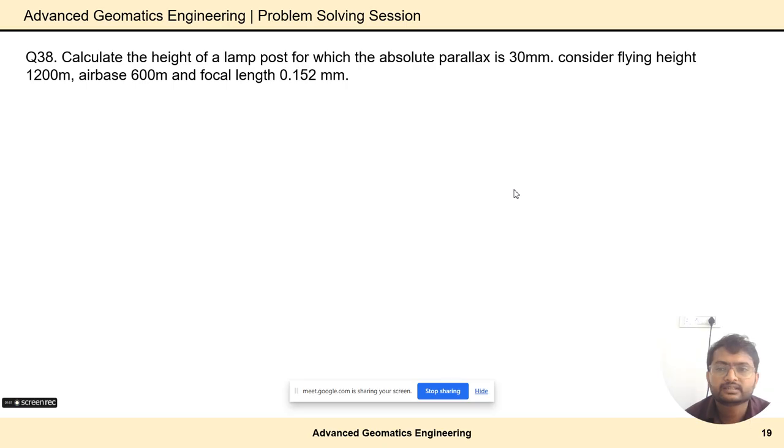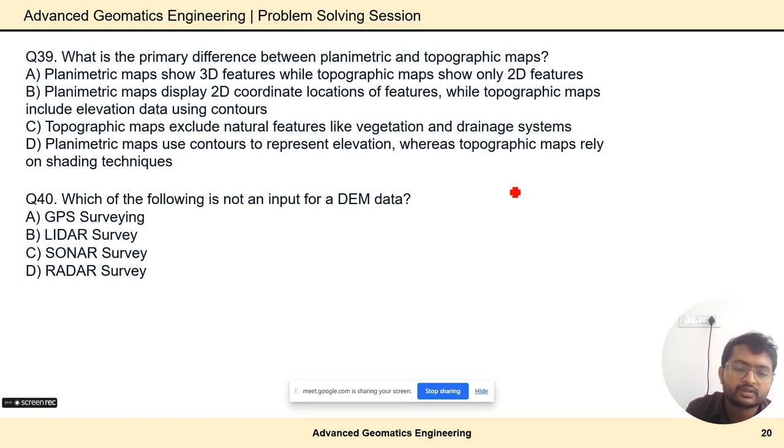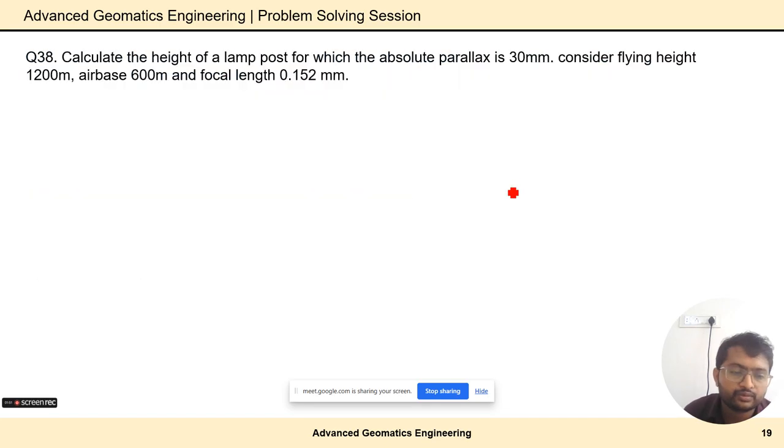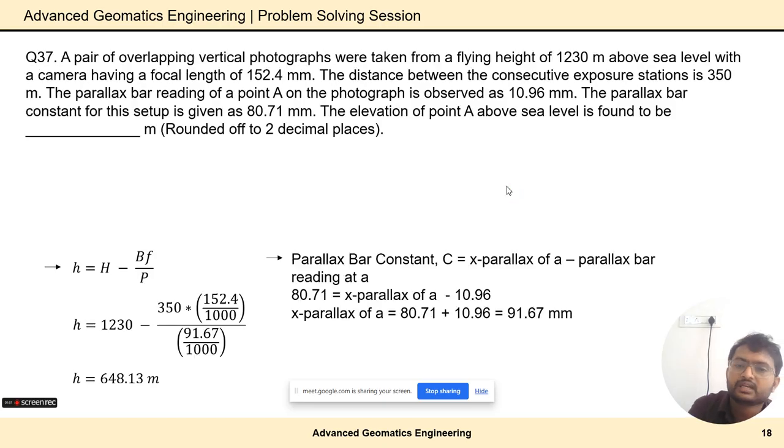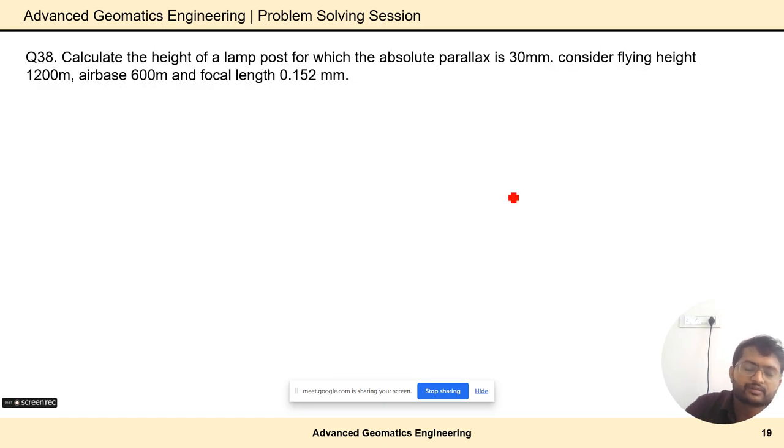Now I think the next question is: calculate the height of the lamp post for which the absolute parallax is 30 mm, considering the flying height of 1200 meter, airbase is 600 meter, and focal length of 150 mm. So it's the same as the previous question. h is equal to H minus BF upon P. So apply that formula and find out the height.